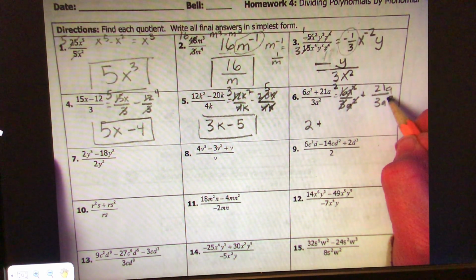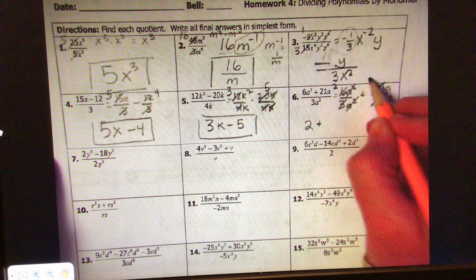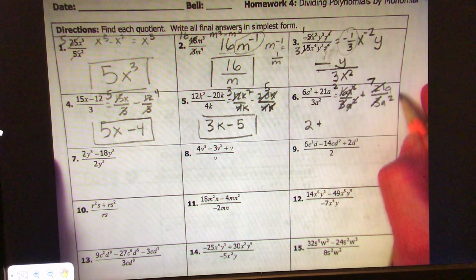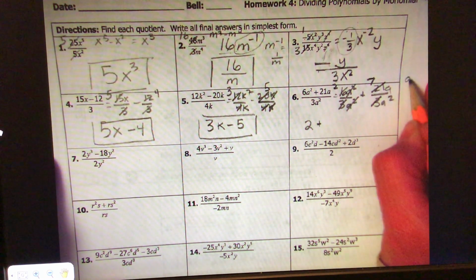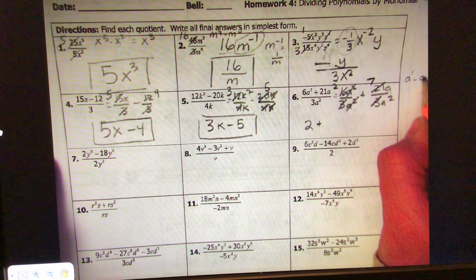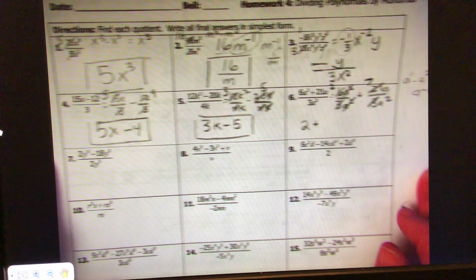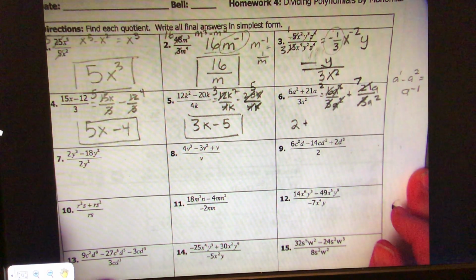Then I have, oh, this is funky. 3 fits into 21 7 times, right? So that's straightforward. But then I have this sticky situation here, which is a to the first divided by a squared, which is a to the negative first power. I'm going off the page. Can you see it?